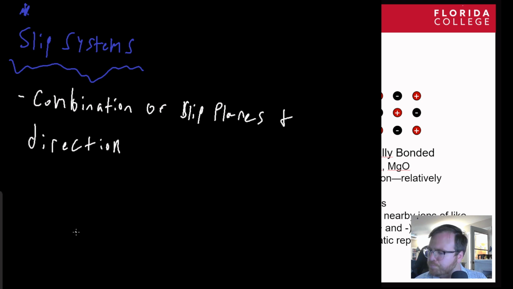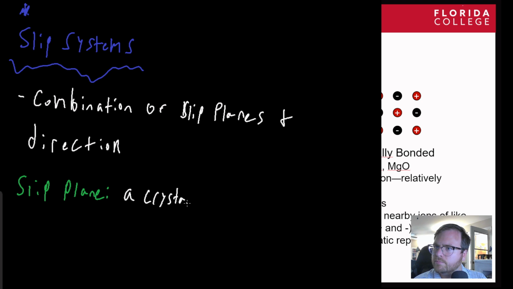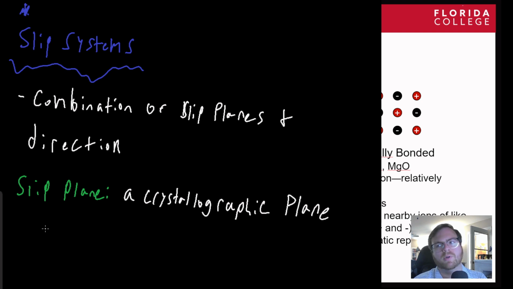All right. So what are those? First, we have the slip plane. And this is a crystallographic plane. Okay, now we know a little bit about crystallographic planes, right?